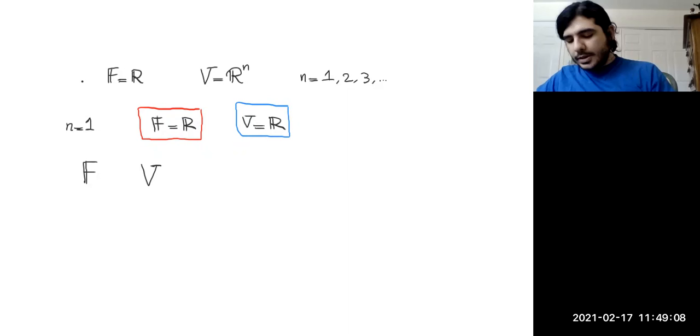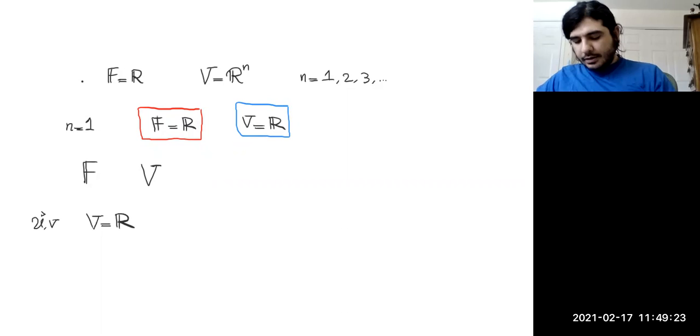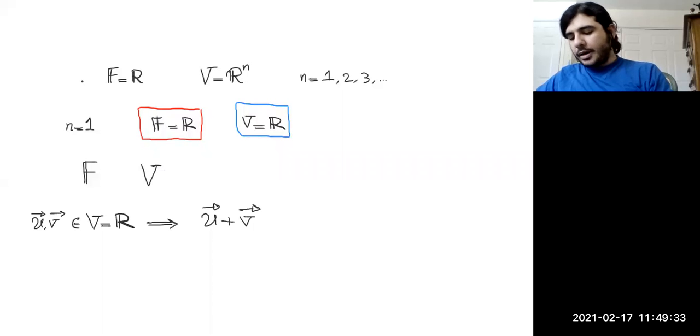Now what I want to do is that this vector space, V, which is just R, as we know, it is supposed to be equipped with addition, right? For any two elements, u and v, in the vector space, we should define addition. So I should define what is u plus v, right?